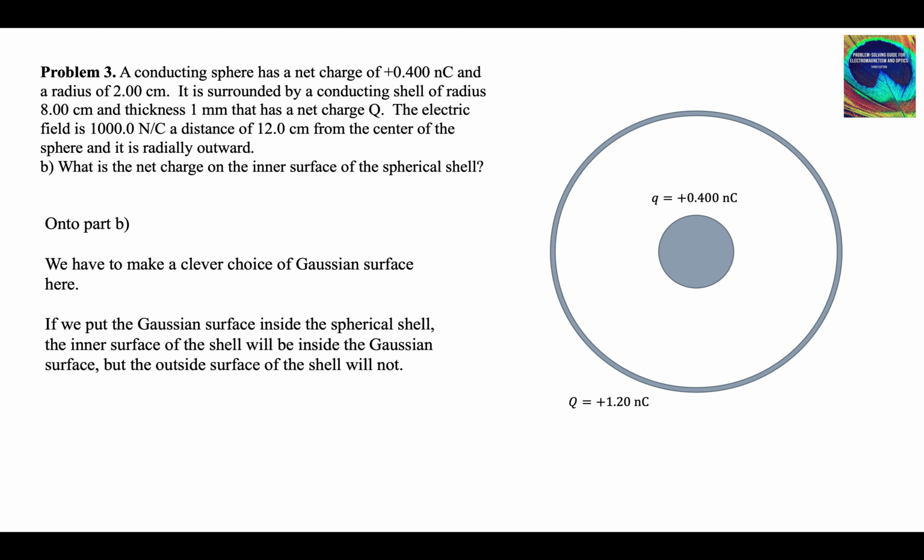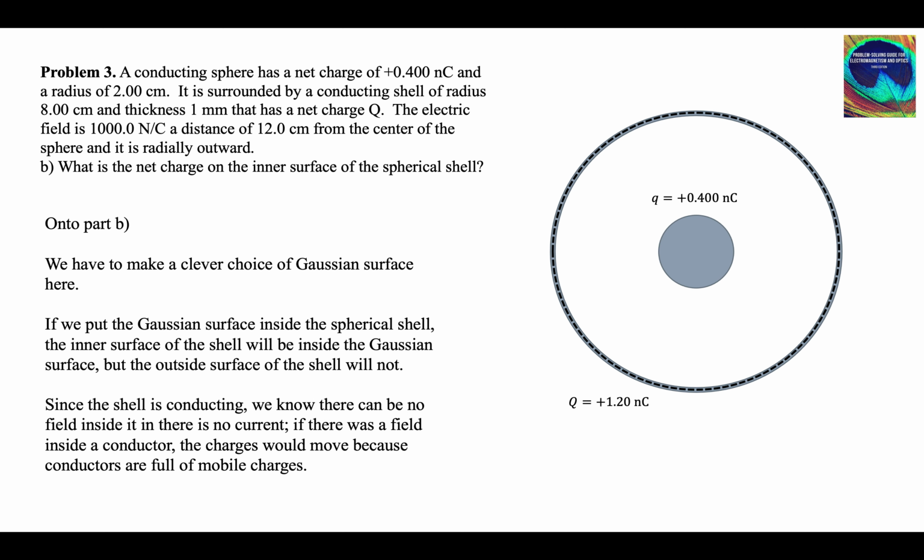Let's put the Gaussian surface inside the metal, inside the spherical shell. Right in here, like this. There's the Gaussian surface. Our Gaussian surface encloses the inner surface of the shell, but it does not enclose the outer surface of the shell.